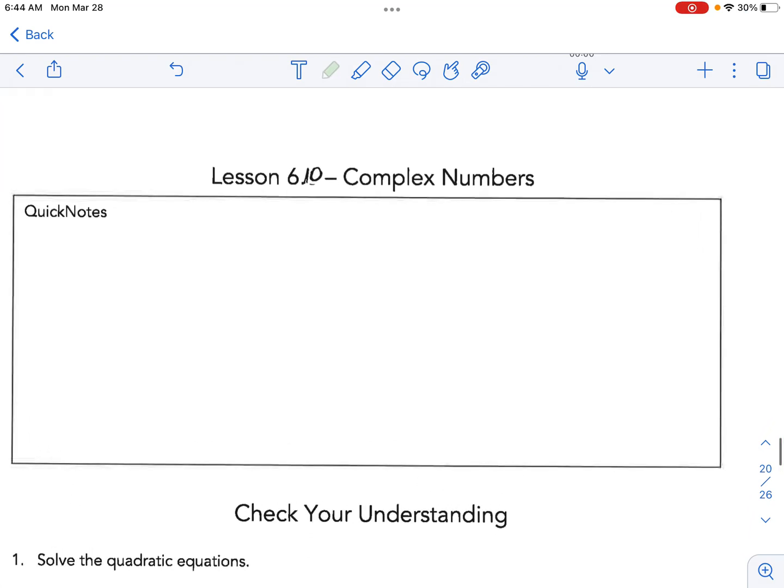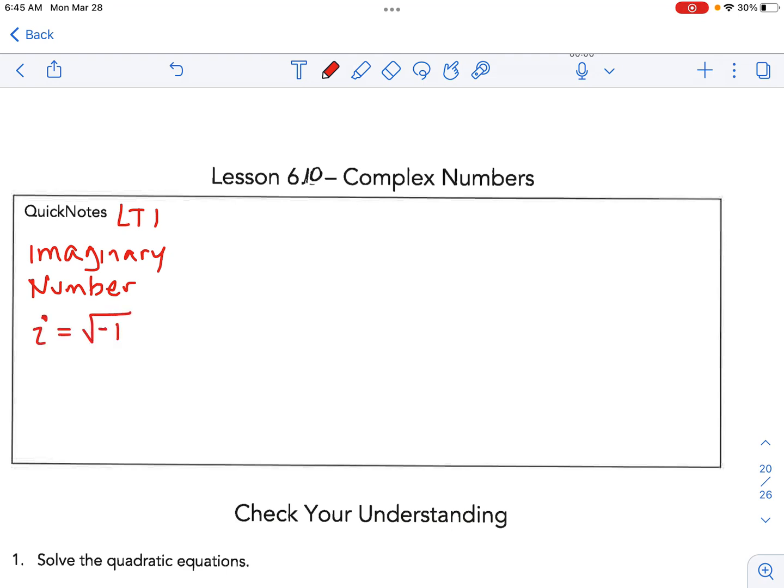Okay, so let's take a look at the learning targets here. We've hit on a couple of big ideas. The first learning target is that we have an imaginary number. And that imaginary number is i.